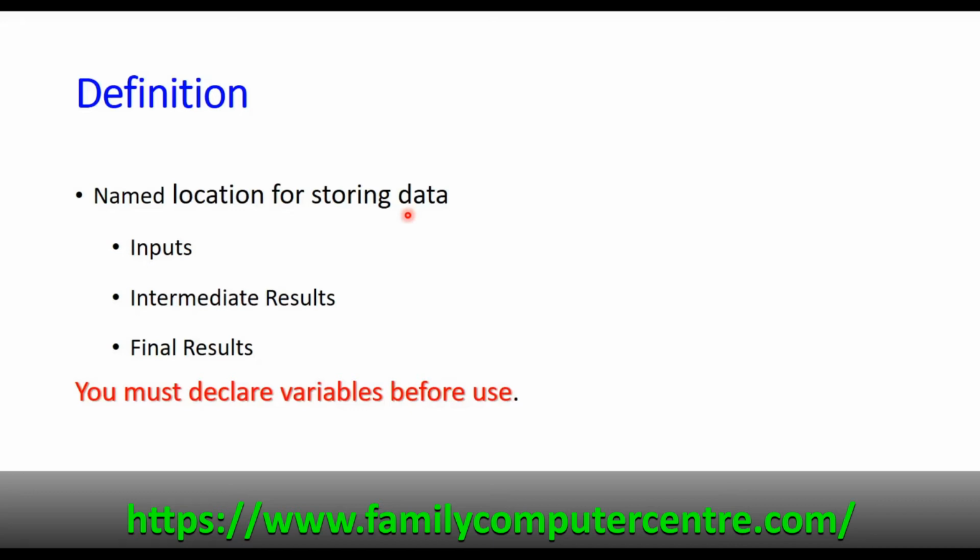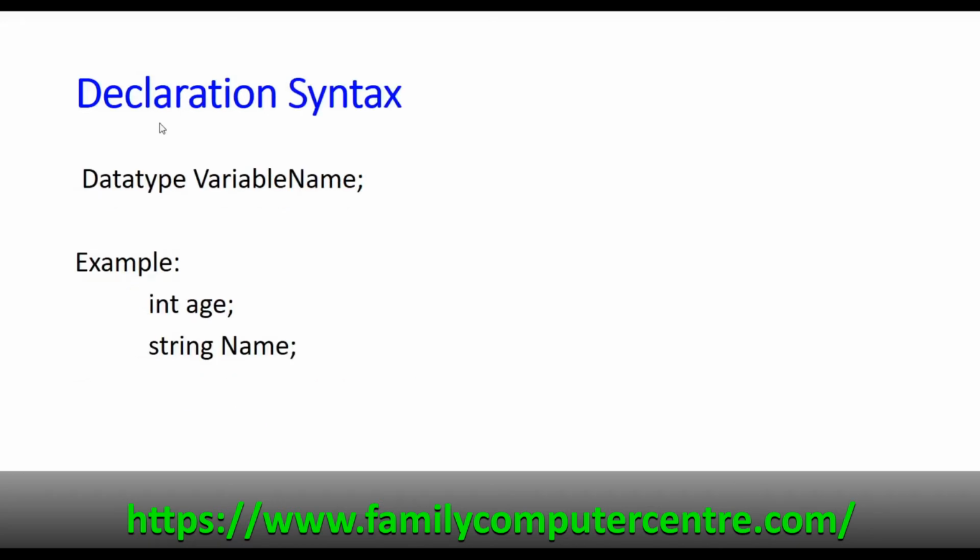But you have to remember something: you must declare the variable before using it. Declaration means you have to inform the C++ compiler that you are going to use the memory of the computer. For declaring a variable, you first say the data type, then put a space, then specify the name for the variable.